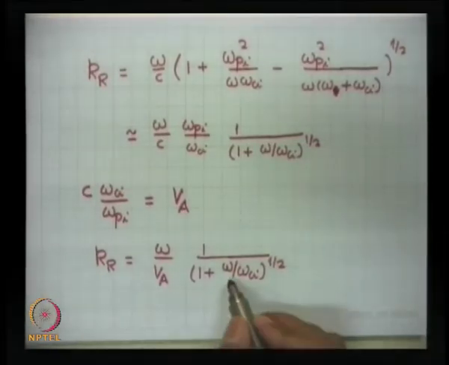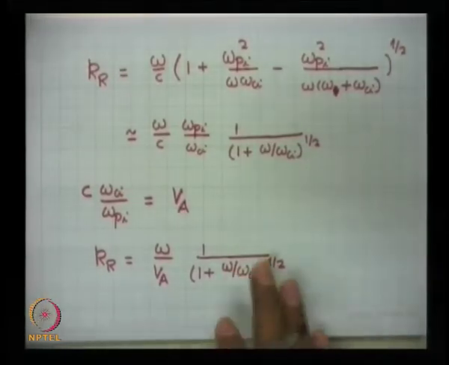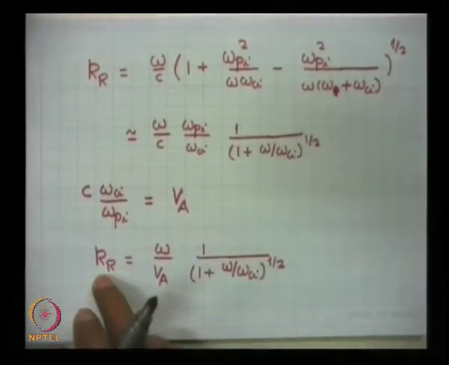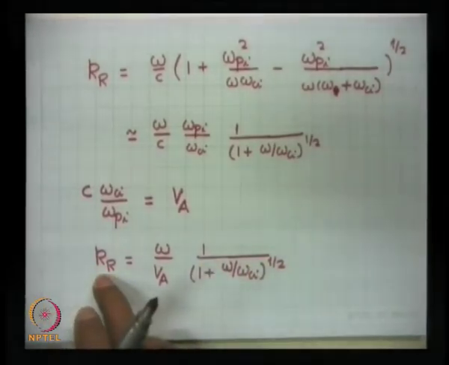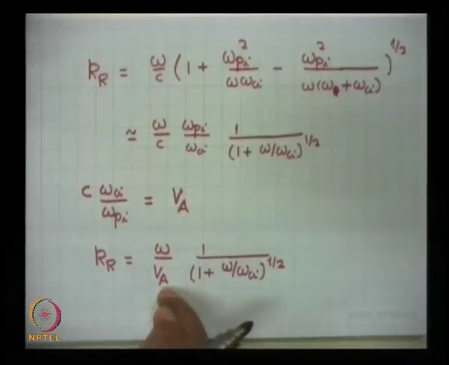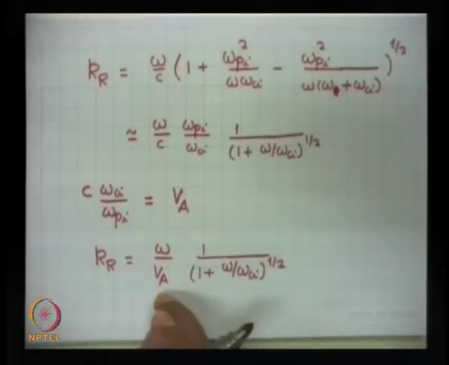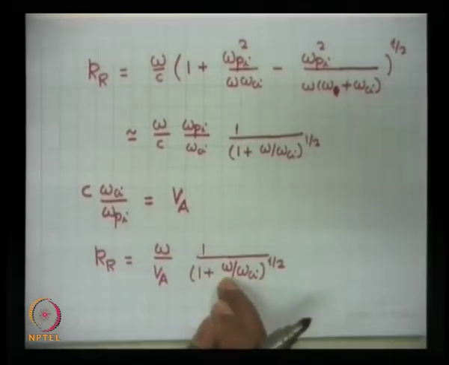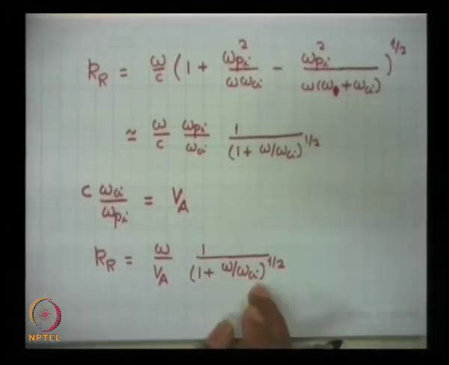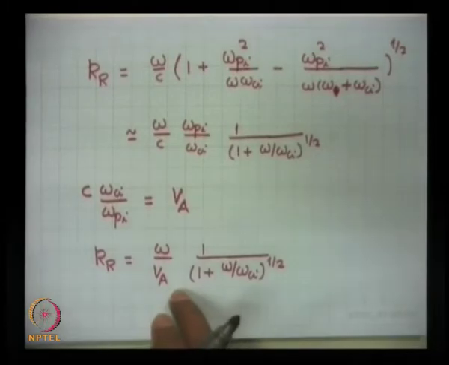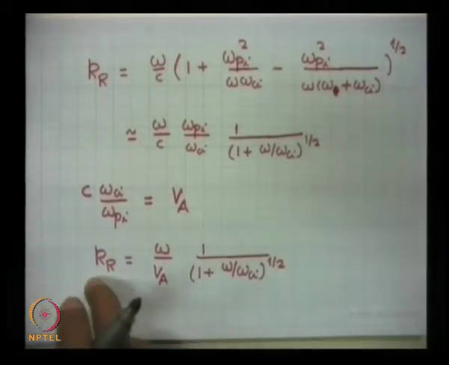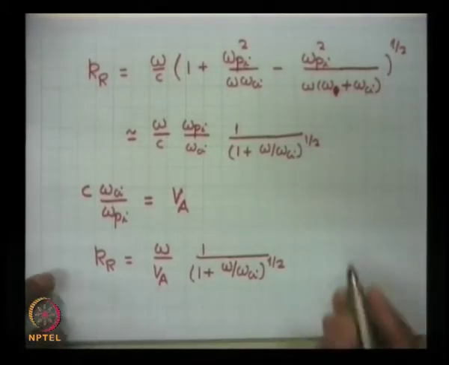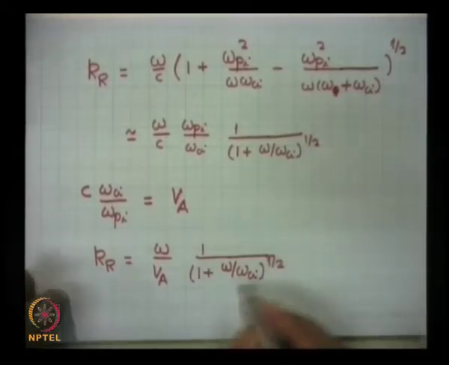If omega were much less than omega ci, then this factor is like unity, and these waves travel as if they travel in a medium with phase velocity equal to Va. So Va becomes the velocity of the wave of low frequency, and the wave with omega much less than omega ci is called Alfven wave. So this is a right circularly polarized Alfven wave when it travels along the field line.